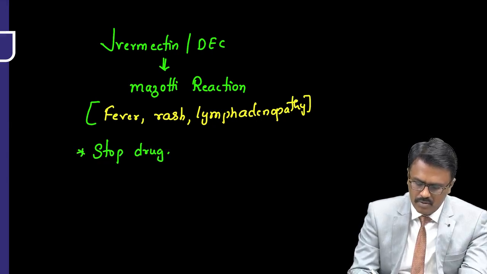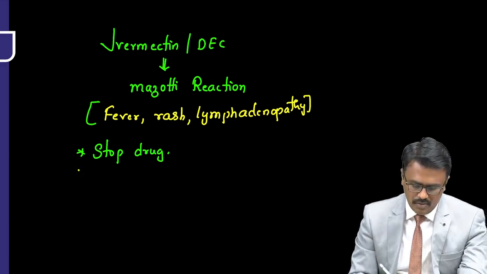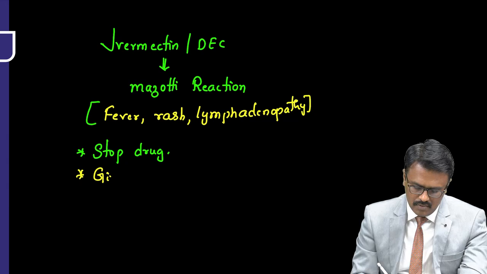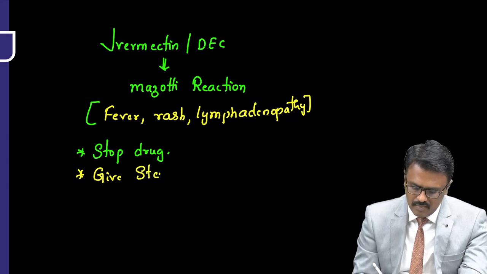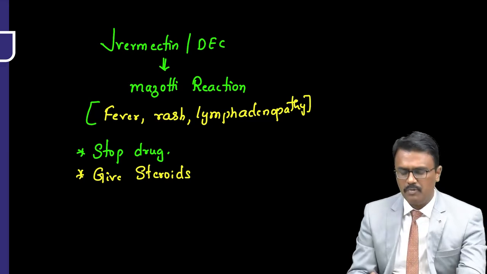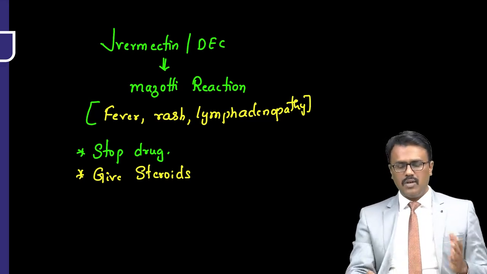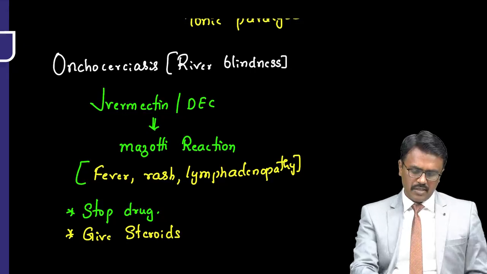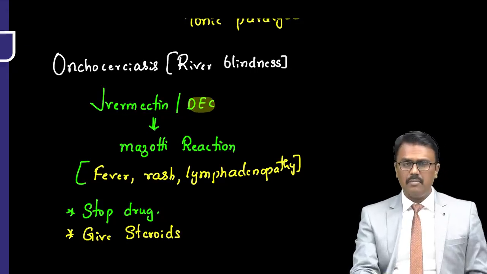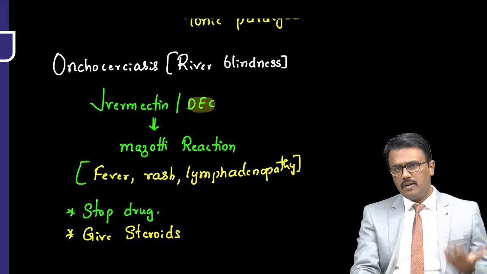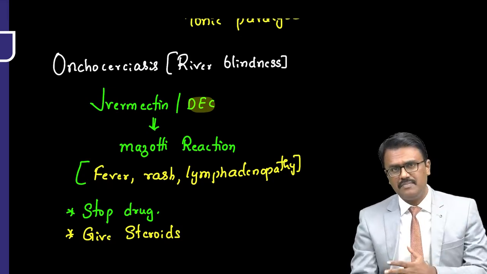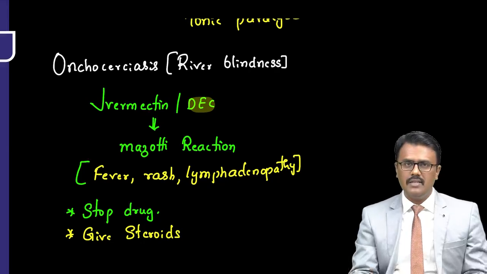Sir, what to do? You have to add steroids. So give steroids, give antihistamines. So this is how we manage the Mazzotti reaction. The risk of Mazzotti reaction is more with DEC compared to ivermectin. That's why ivermectin is the drug of choice for onchocerciasis, not DEC, because the risk of Mazzotti reaction is more with DEC.